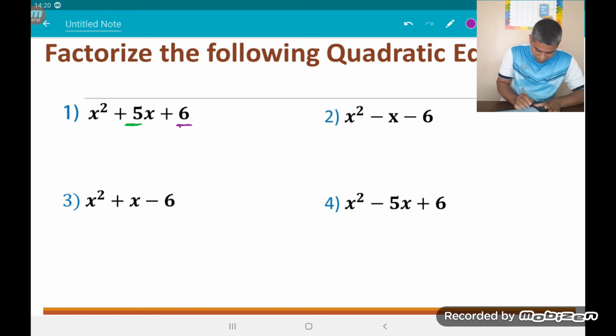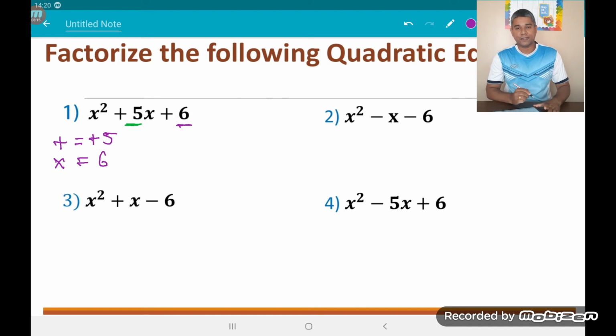You have to find two numbers. The sum is positive 5, and the product is 6.